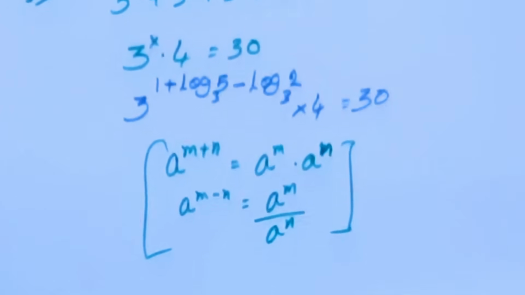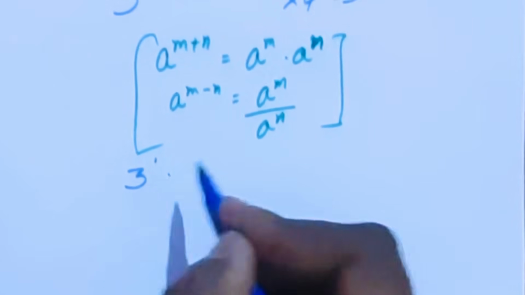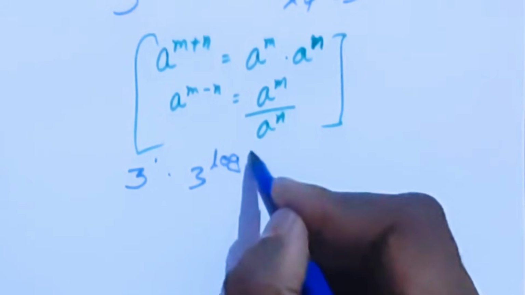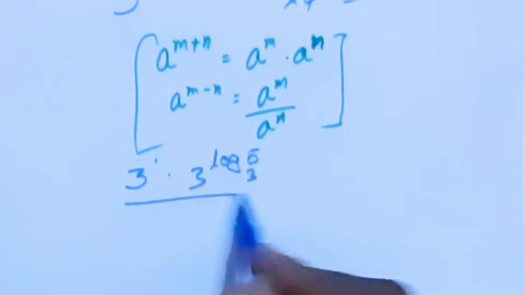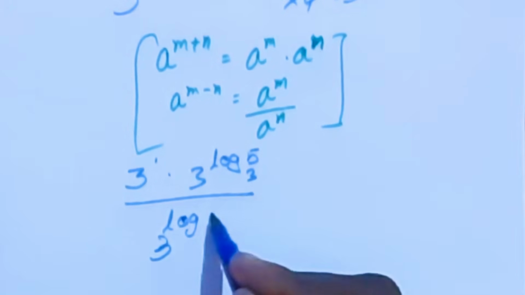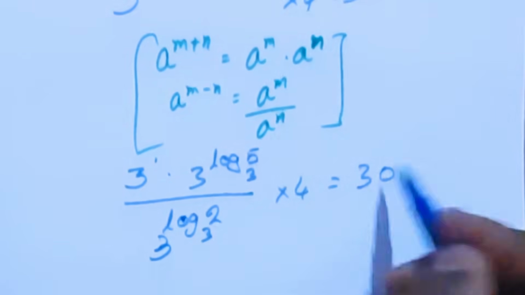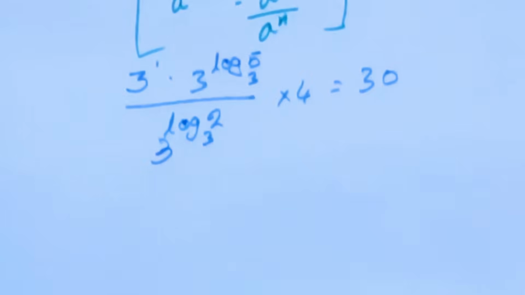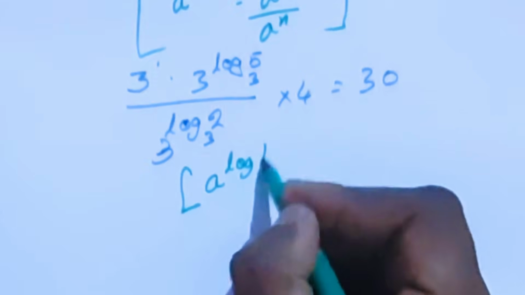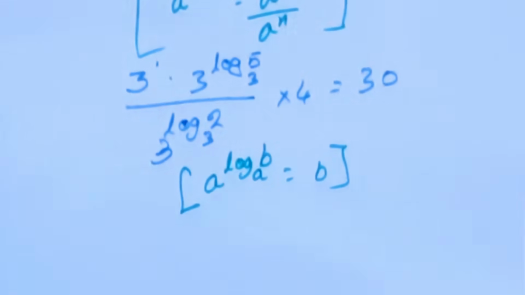So we'll get 3 times 3 power log 5 base 3 by 3 power log 2 base 3 times 4 equal to 30. According to this formula, a power log b base a equal to b, this we are going to apply here.